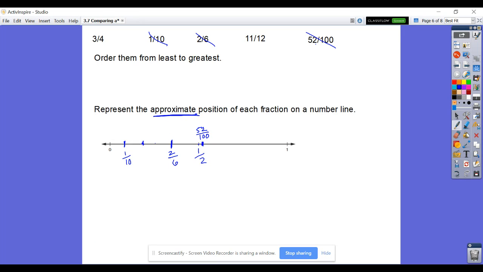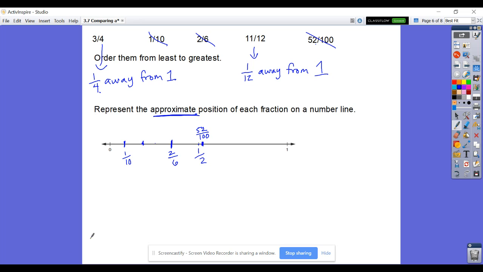And now I have to decide between 3/4 and 11/12. The way I'm going to decide how to order those is to picture how much is missing from a whole. So this is 1/12 away from one whole, right? Because 12/12 would be a whole. And this is 1/4 away from a whole. So which is bigger, a 1/4 or a 1/12?